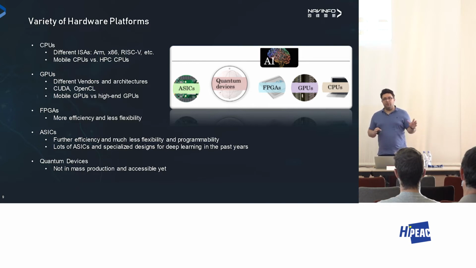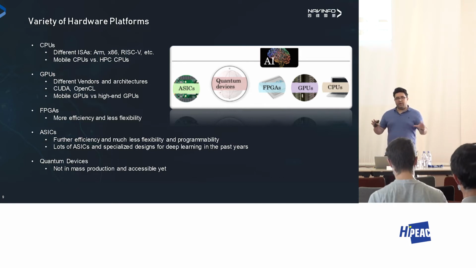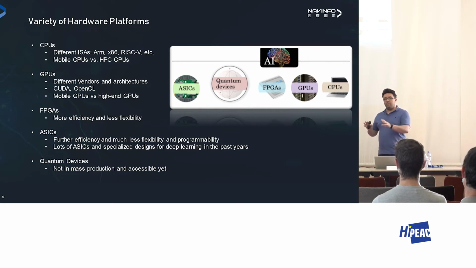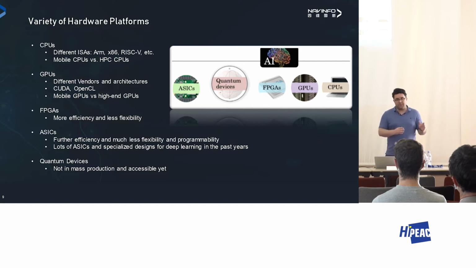Nvidia has its own, I would say, programming language, which is CUDA, while AMD usually uses OpenCL. We have different architectures of GPUs, different sizes of GPUs depending on the use case. Mobiles now also come with GPUs. We have mobile GPUs which are still powerful enough compared to the power and the restrictions that we have in a mobile device. But on the other side, we have very high-end and powerful GPUs.